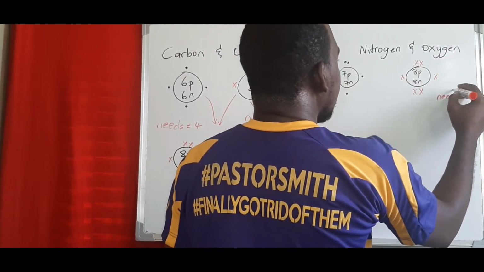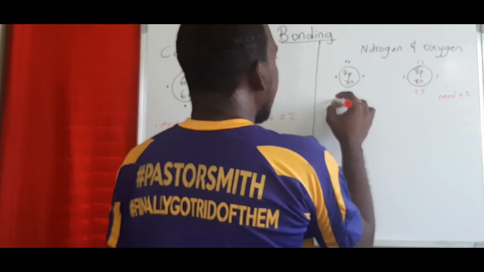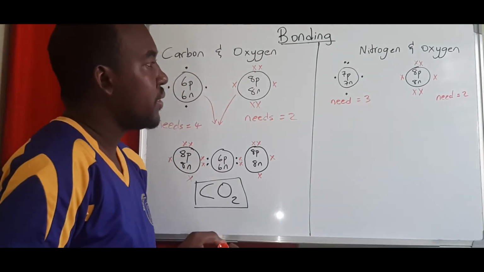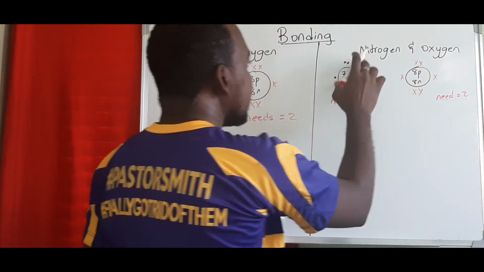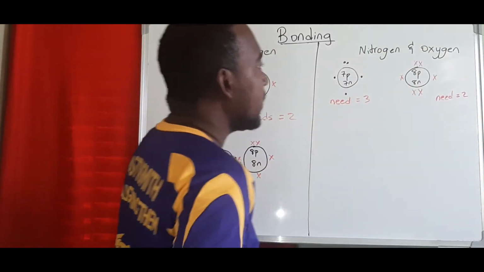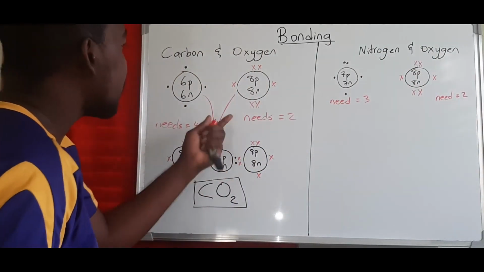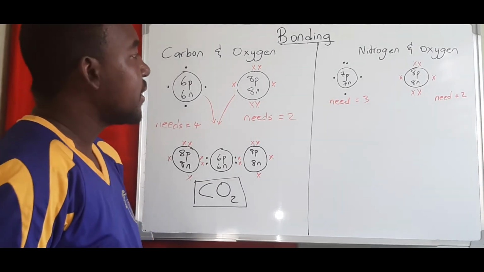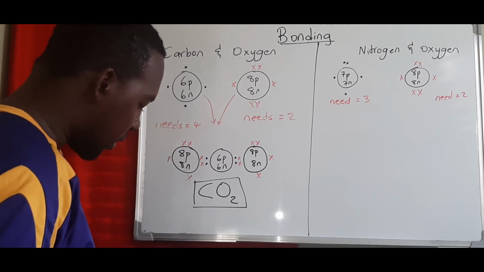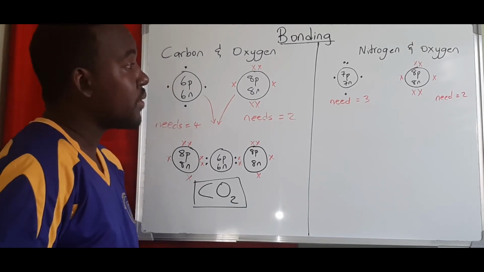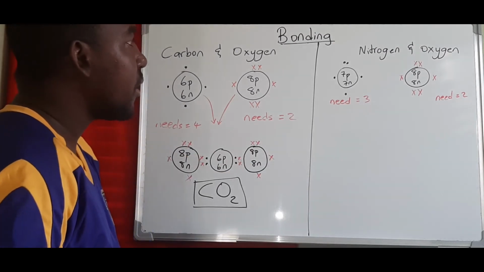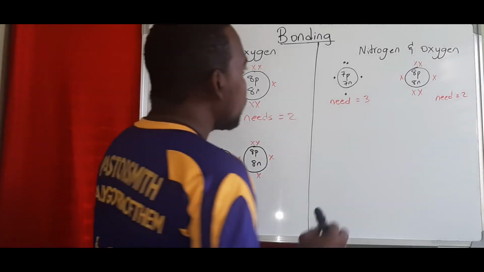So we know oxygen needs 2 and nitrogen needs 3, right? So again, they're both nonmetals because this is 5, it's more than 3, and this is 7, and this is 6, right? So both nonmetals, so we go again with sharing, right? So we go again with using the smallest one, right? So the smallest one that we need, the smaller one is the oxygen, sorry. So we're going to share 2 each.